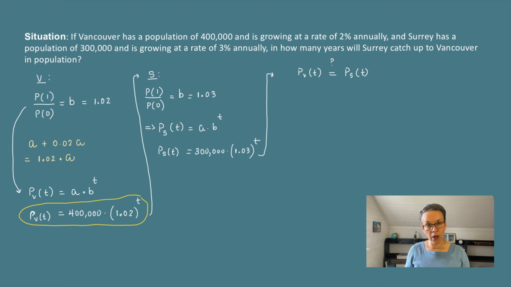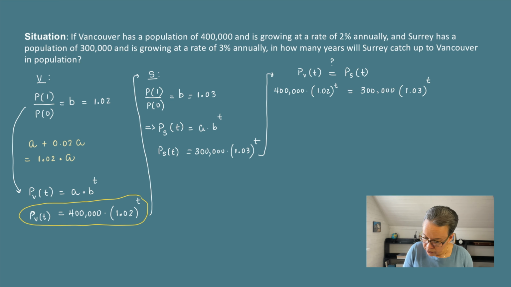So in order to solve for t, we're going to set the two formulas, this one on the left and this one right here on the right, equal to each other. That means that we're going to have 400,000 times 1.02 to the t equals 300,000 times 1.03 to the t. So that's what we have.